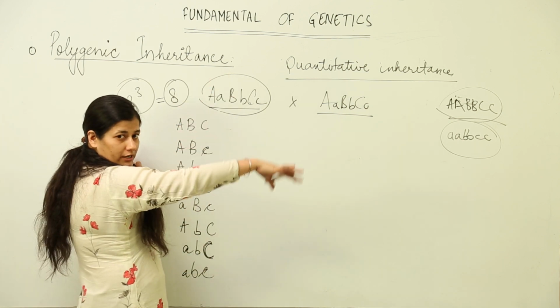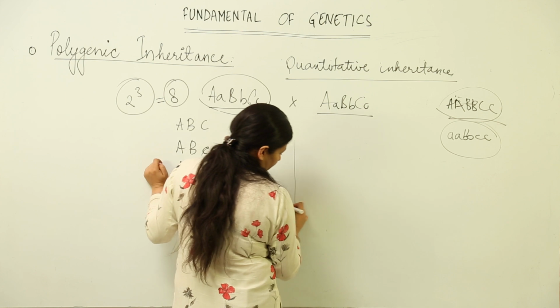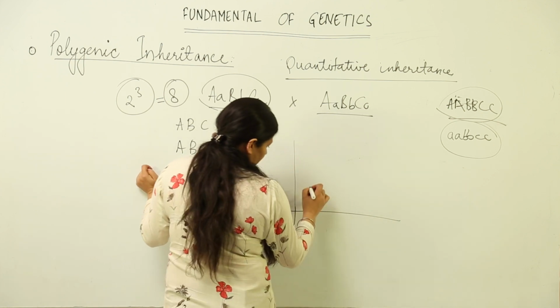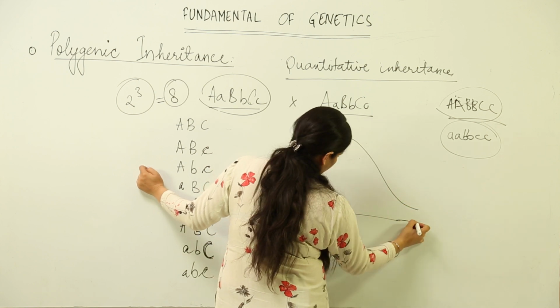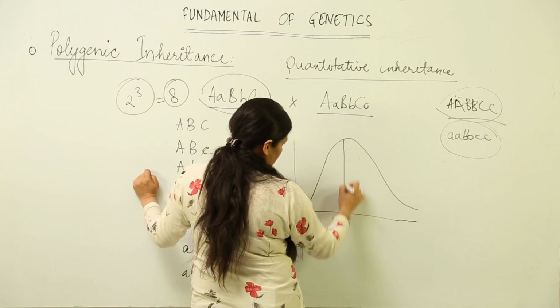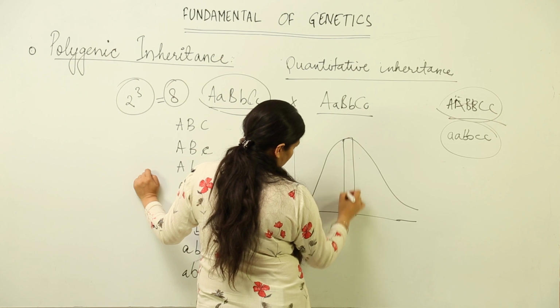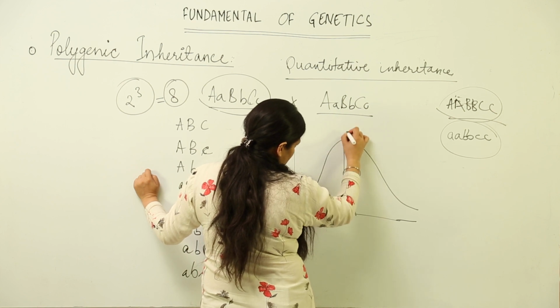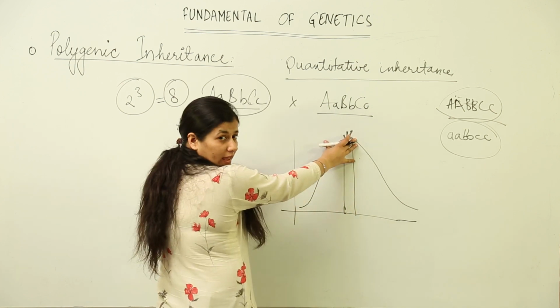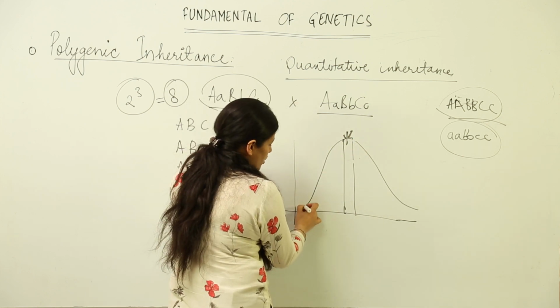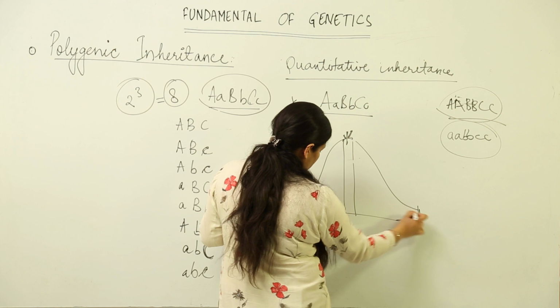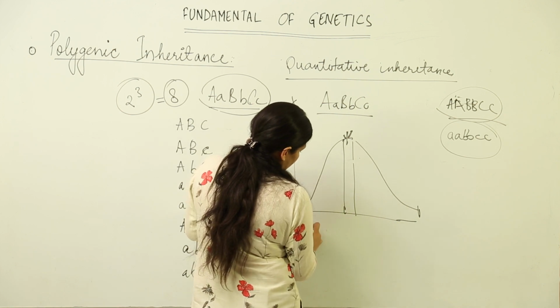When you figure out the Punnett square, what you're going to find is that the genotype, if represented in the form of a graph, forms a bell-shaped graph where the individuals which are having an intermediate phenotype are maximum in number. Those which have extreme, over here you are going to find AA.